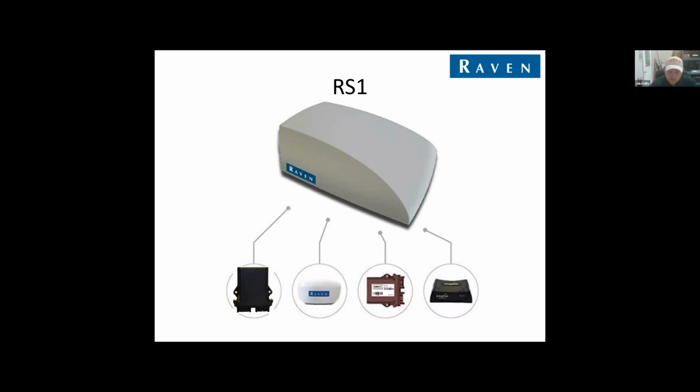It worked fine for most situations, but it had its limitations. Then Raven introduced the RS1 in 2018, which is hard to believe it's been 4 years already, but again, they keep improving this technology.